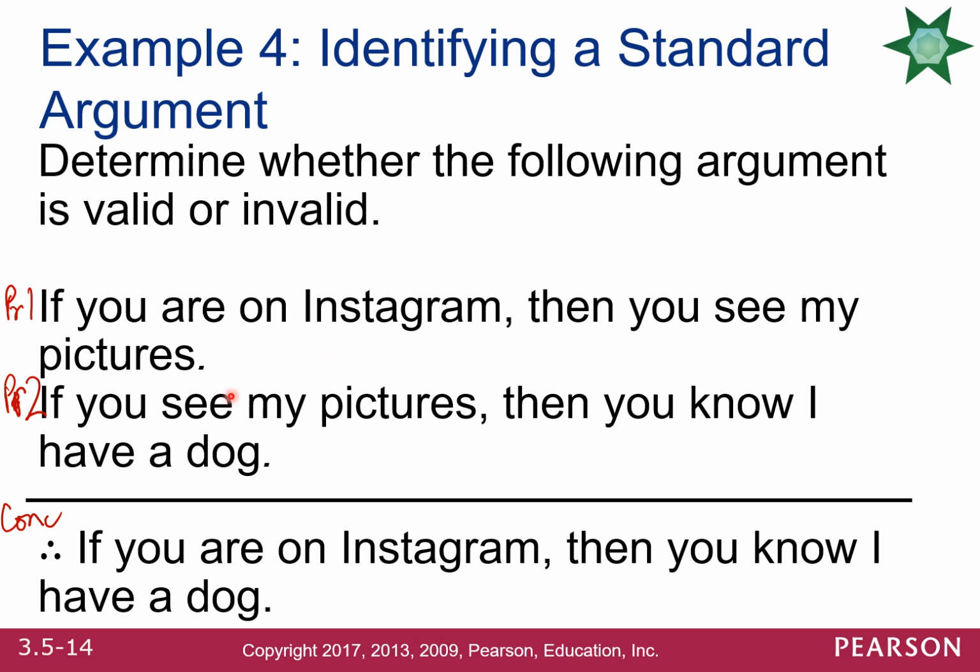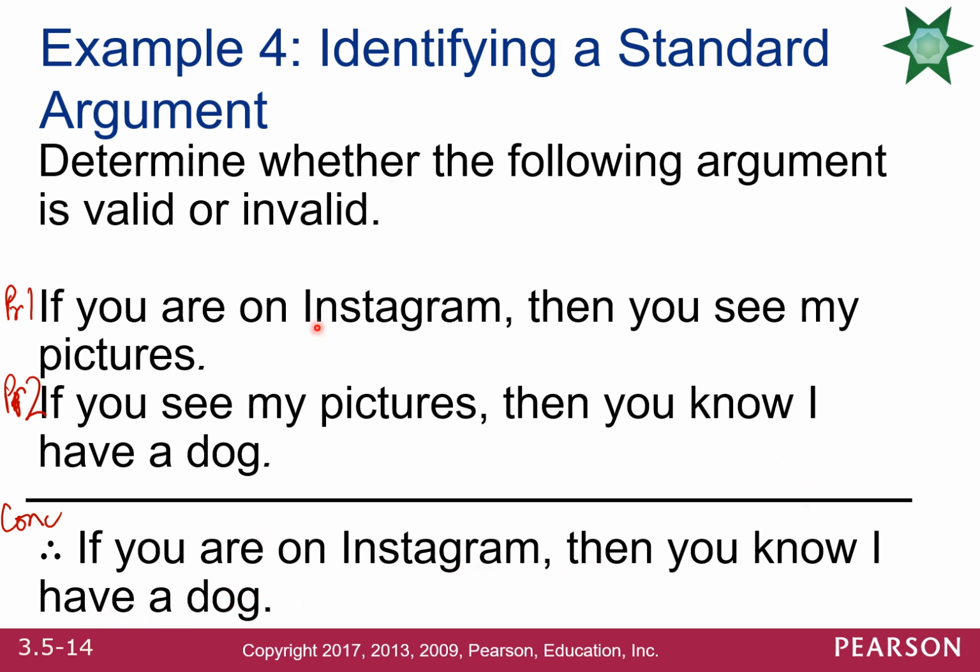Let's just read through the premises first. It says here, if you are on Instagram, then you see my pictures. And then the second premise says, if you see my pictures, then you know I have a dog. And then the conclusion says, if you are on Instagram, then you know I have a dog.